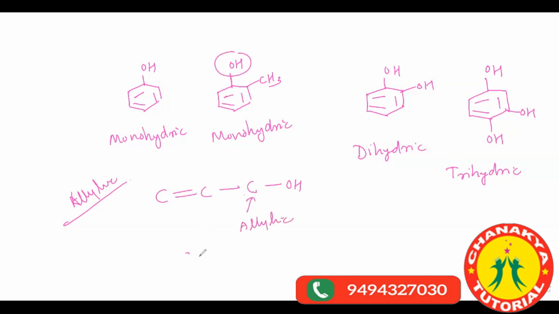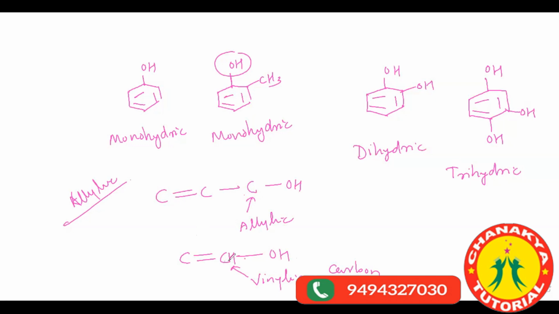But then when the carbon-carbon double bond is directly attached to your functional group, then this is what? Vinylic carbon. Understanding? Such kind of compounds are also possible. Such are vinylic alcohols. Now, if we have to balance the valency, carbon has a valency of 4, we know 1, 2, 3, and 1 remains.